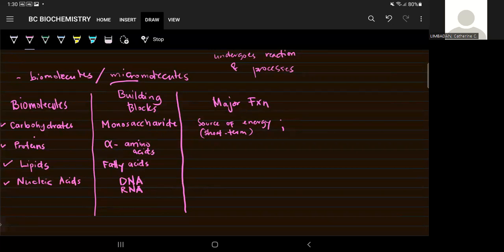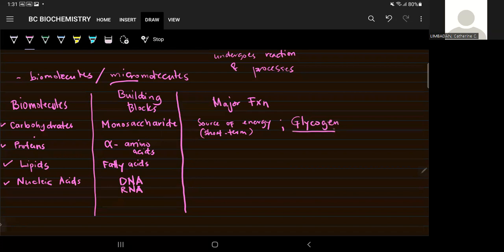What do you call that form of glucose stored in the body? ATP is energy naman. I mean, stored glucose in the body, particularly sa fats, sa muscles, in the form of glycogen. Okay, very good. In the form of glycogen.